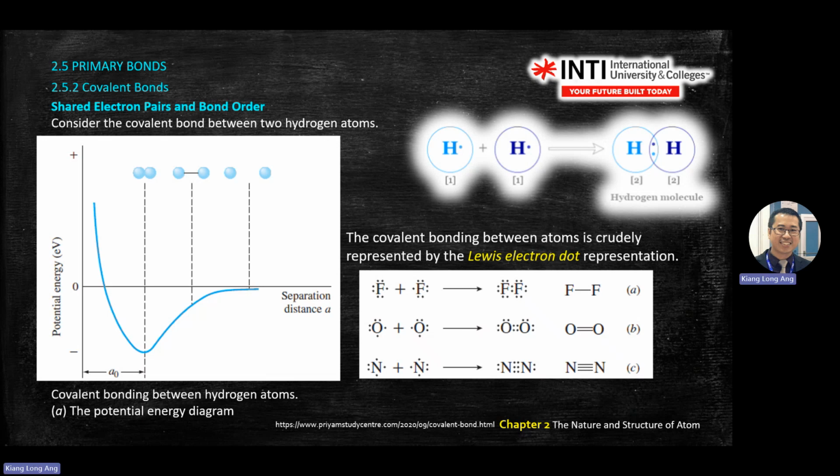Then oxygen, you share 4 electrons, you form 2 lines, it becomes a double bond. Each line means 2 electrons sharing. Nitrogen has 3 lines, a triple bond. Single bond, double bond, triple bond.